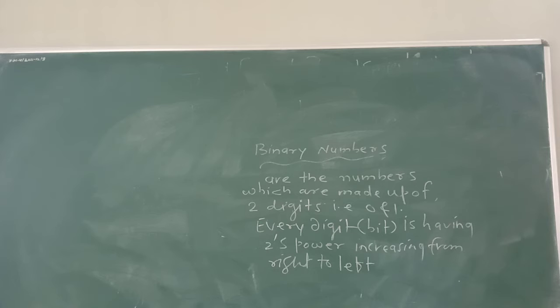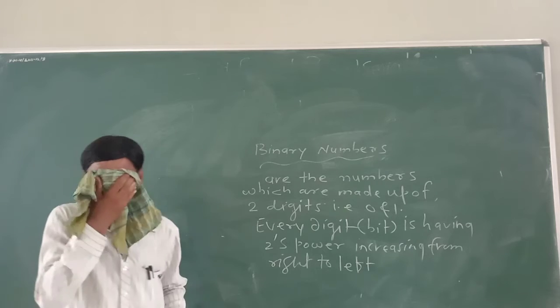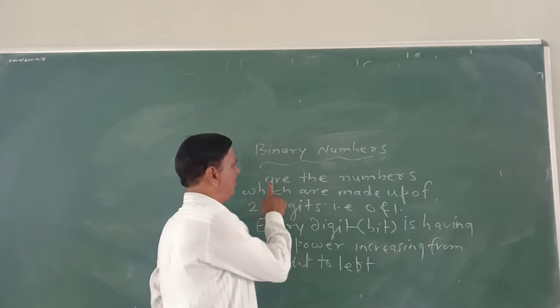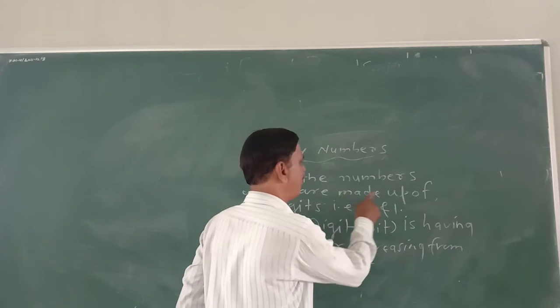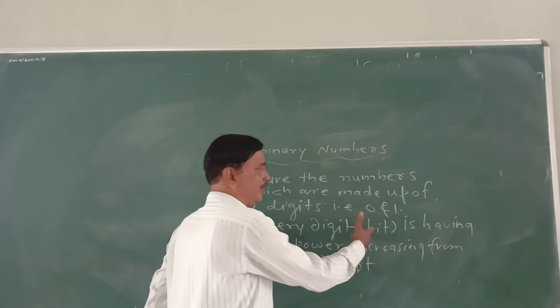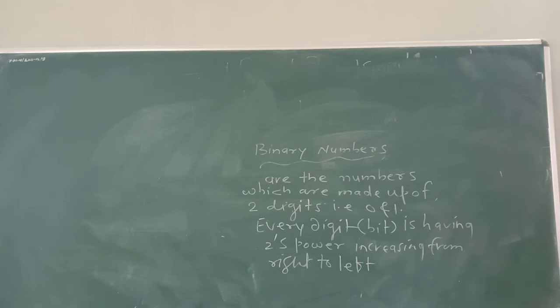Now we are going to write one example of a binary number. Binary numbers are the numbers which are made up of 2 digits, that is 0 and 1. Every digit, that is bit, has a power of 2 increasing from right to left. So better take down this definition first.